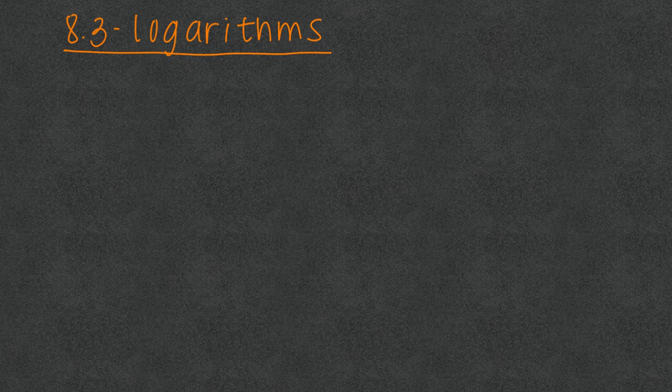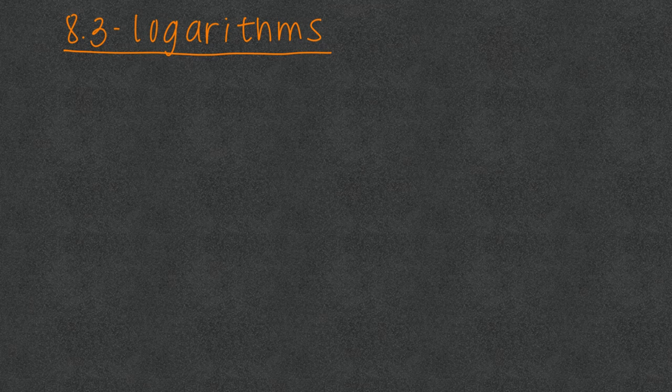All right, 8.3 was all about logs and their properties. 8.3 introduced going back and forth between exponent and log, and also two properties, and then we talk about the rest of them in 8.4.